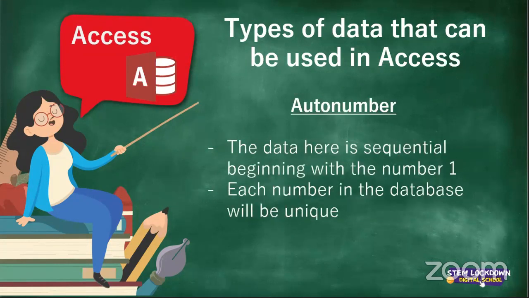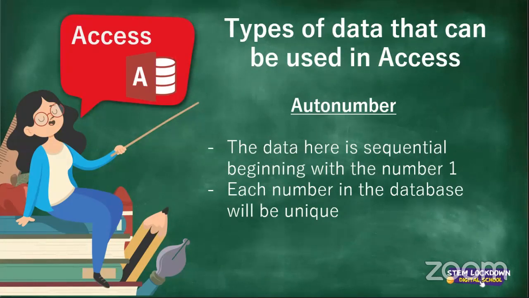Okay, the next one over here is an auto number. The data here is sequential, so basically it moves in order. We've got 1, 2, 3, 4, 5, 6, up to however many rows or records you have in a database. So the first record that you put into your database will automatically be set as an auto number, and it will be given the number 1.